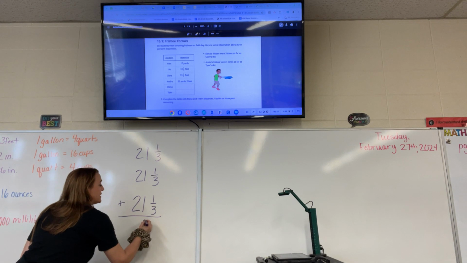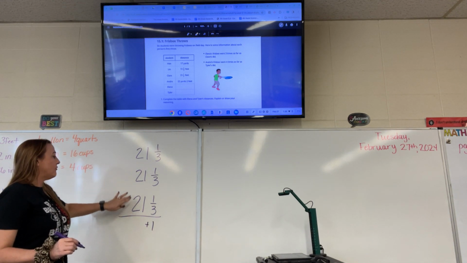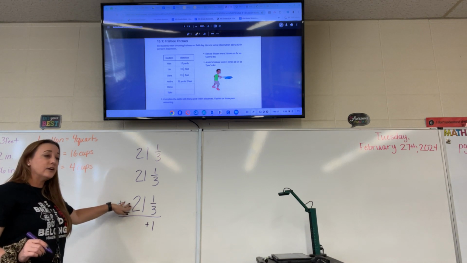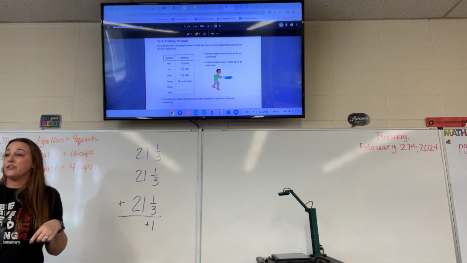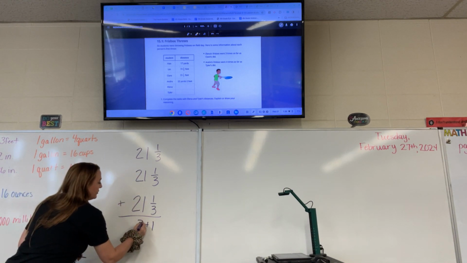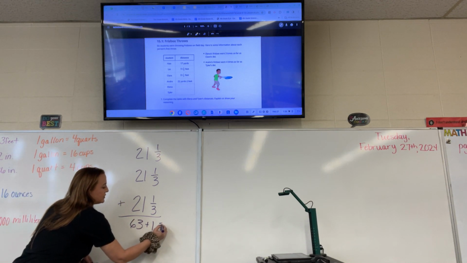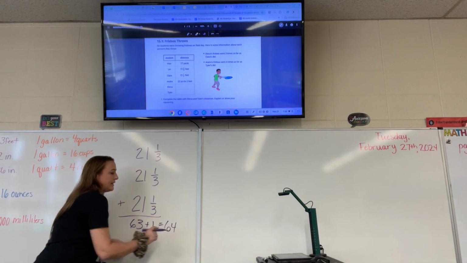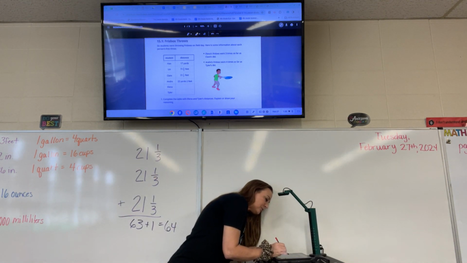So on the fraction side, I'm going to put a little +1 there, because whatever we get from adding the whole numbers together, we're going to add the 1 we got when we combine those 3/3. So 21 plus 21 plus 21 is 63, and 63 plus 1 is 64. So I want you to write next to Alina's name 64 feet.